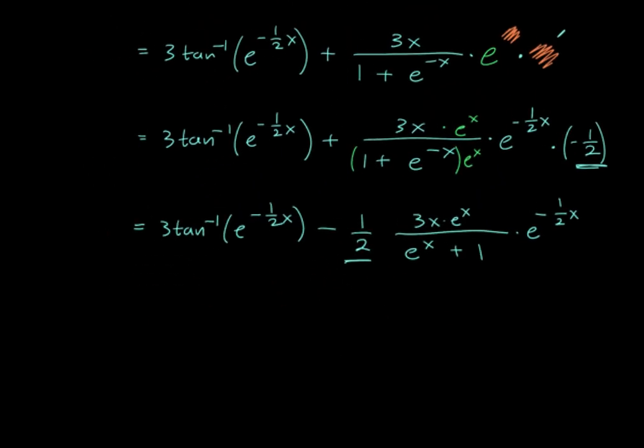So this is going to leave me with 3 times arctangent of e to the negative 1/2 x minus 1/2.